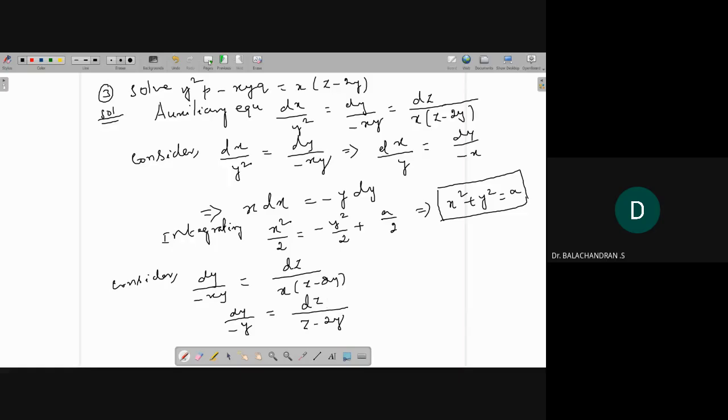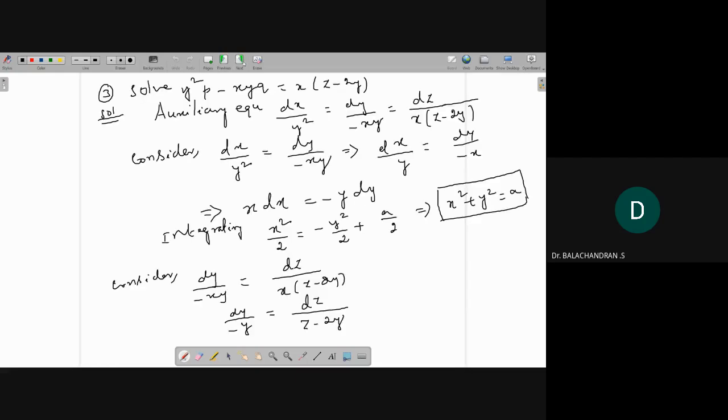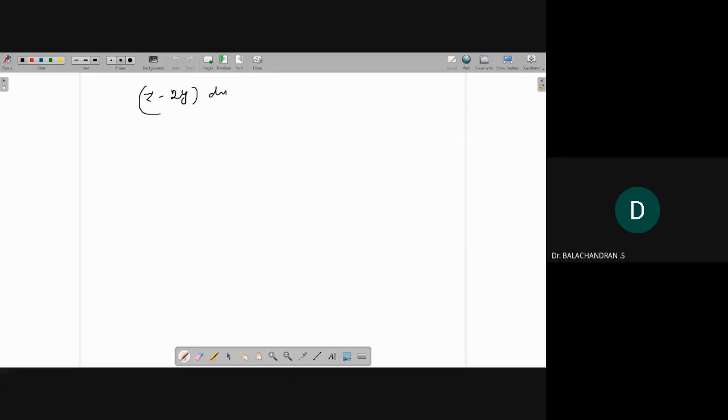Okay. Z minus 2y into dy equal to minus y into dz.